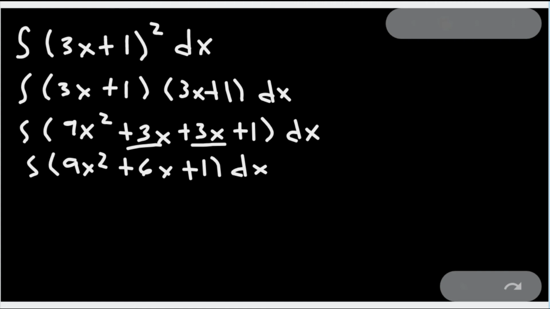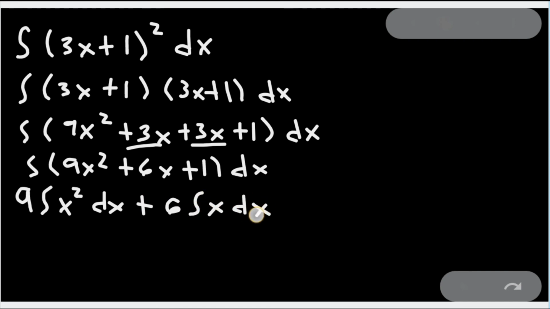So first, distribute the integration symbol. So we can have 9 times the integral of x squared dx plus 6 times the integral of x dx plus the integral of 1 dx. So our n here is 2.